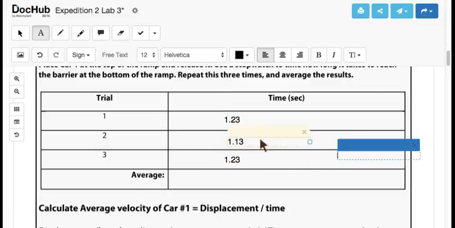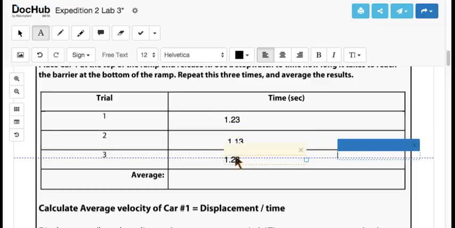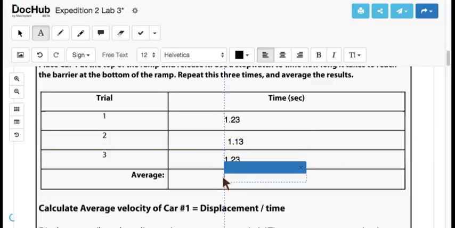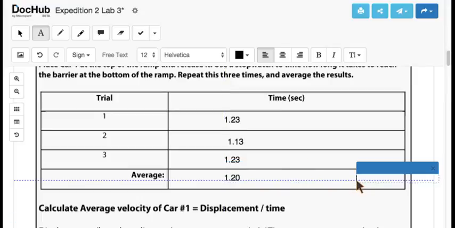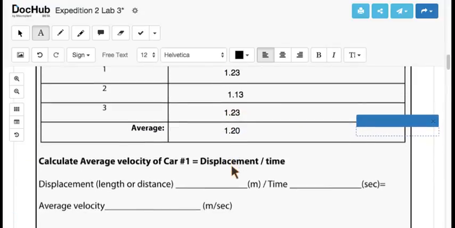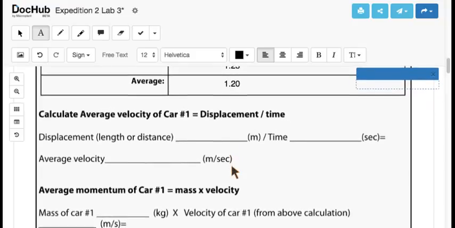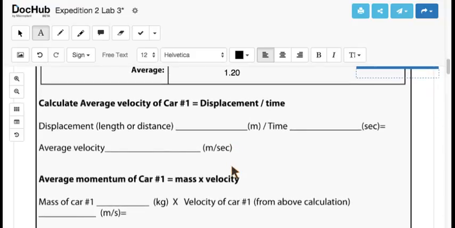Now, if you had an outlier, one of these was like 1.6 or 1.7 seconds, probably a good idea to retry that one and not use that in your data. To find the average, we're going to add these 3 numbers up and then divide by 3. And 1.20 is going to be the average time that it took for the car to go down the ramp.